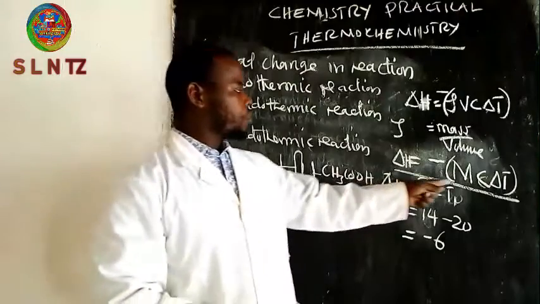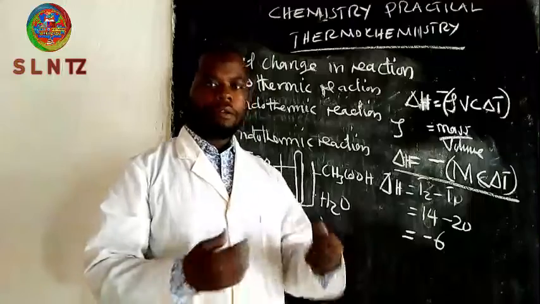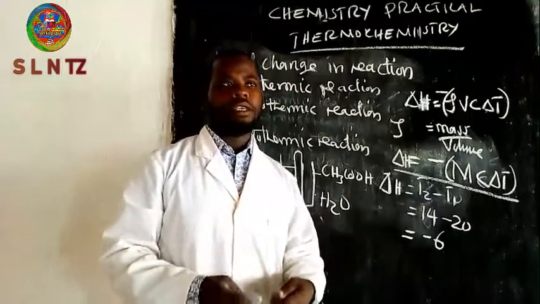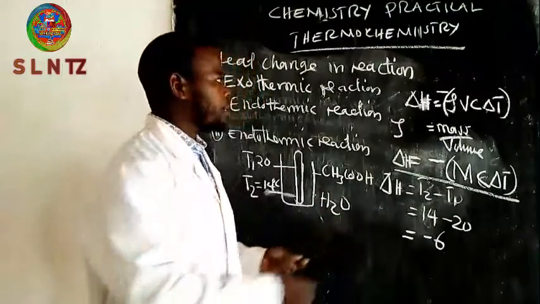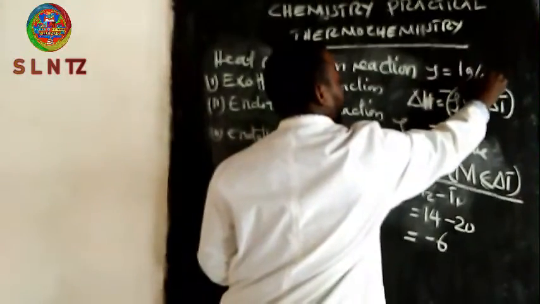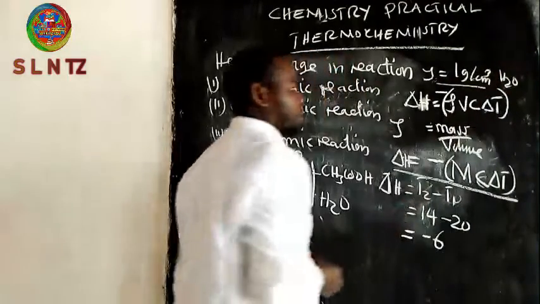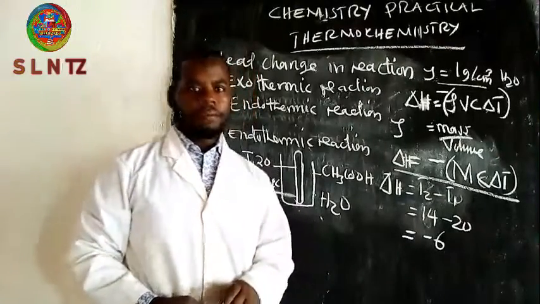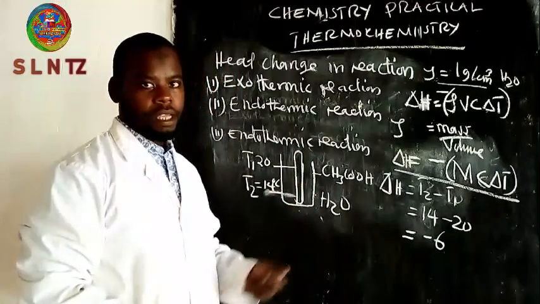When you use this to find the mass, remember to use the formula of density. The density of the solution is the same as the density of water, which is 1 gram per volume of water. That is our formula and our reaction types.